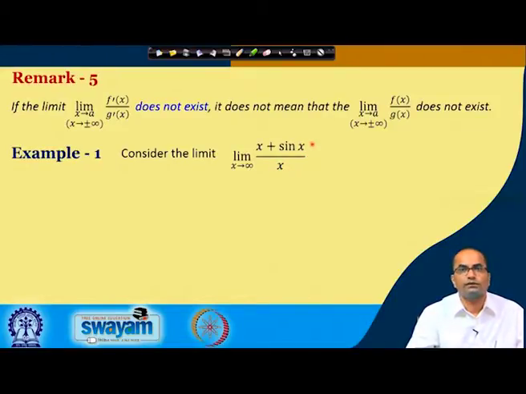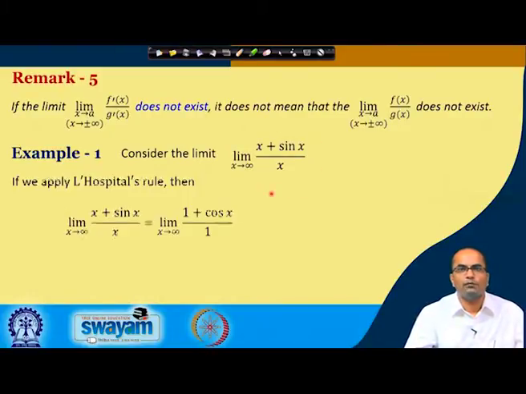In this case, x goes to infinity plus something finite, so the numerator is infinity, divided by x going to infinity again. So we have the infinity by infinity form, and if we simply apply the L'Hopital rule, what will happen?